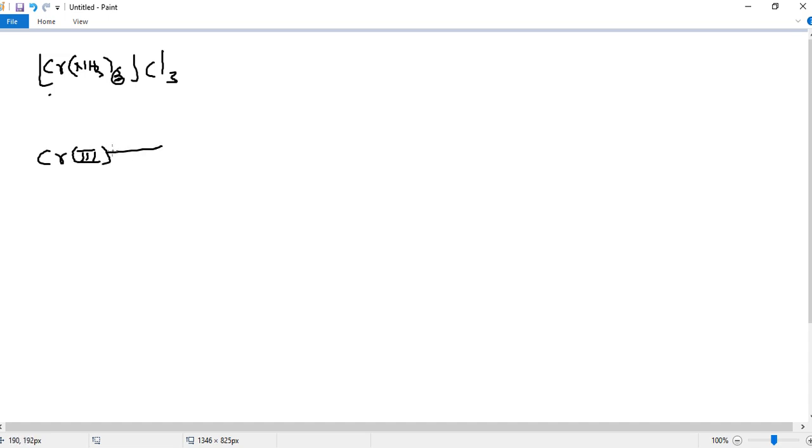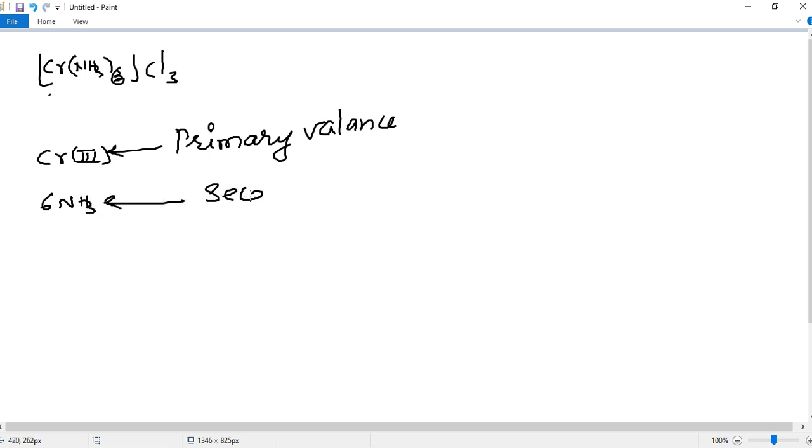So it is primary valence. ये क्या हो जाएगा? Primary valence हो जाएगा according to Werner. And 6 NH3 is there. So 6 NH3 would be considered as secondary valence, जो कि coordination number है. So coordination number will be secondary valence.